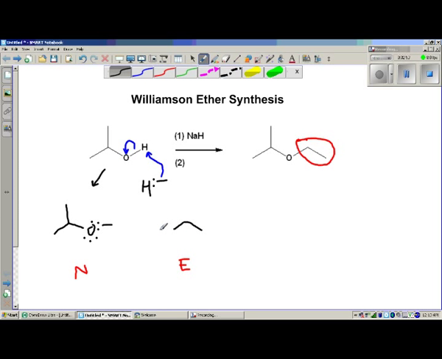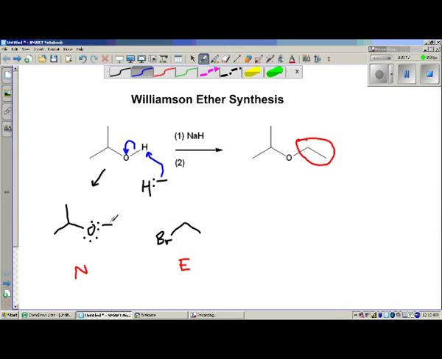So all we're going to do here is add on the leaving group. Let's say it's going to be bromine. So we have our two carbon, in fact, let me just draw that again. We have our two carbon electrophile, and so these two are then going to react with each other.